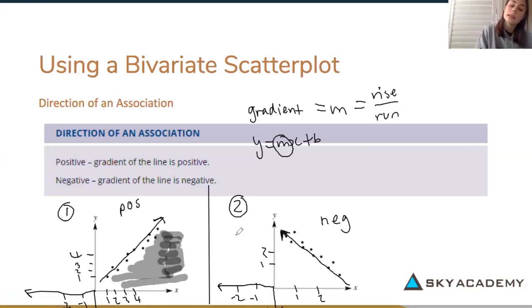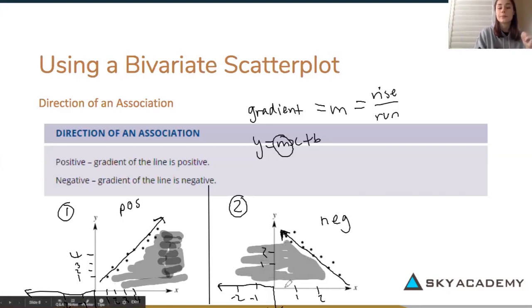But if you're in the negative, they are traveling along the x-axis towards the negative x values. So along here, we're going this way, which is towards the positive x-axis, 1, 2, 3, 4. And if you're going this way, it's going towards the negative x-axis, -1, -2.